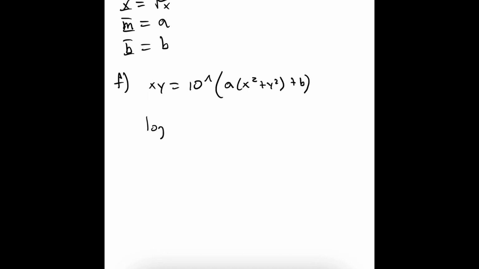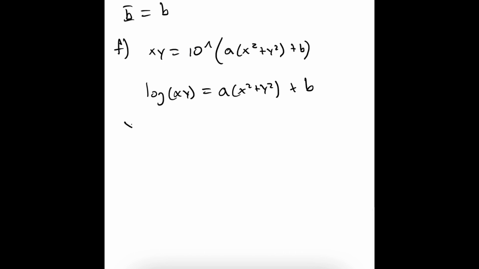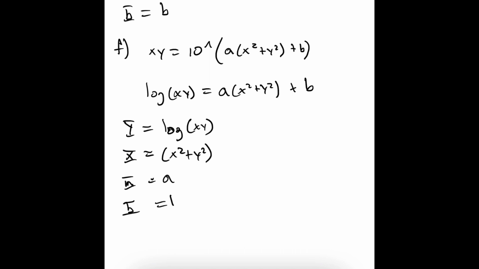So log of xy equals a x squared plus y squared plus b. And that looks a lot like a line. So y equals the log of xy, x equals x squared plus y squared, not b. Our slope equals a, and our b equals b.